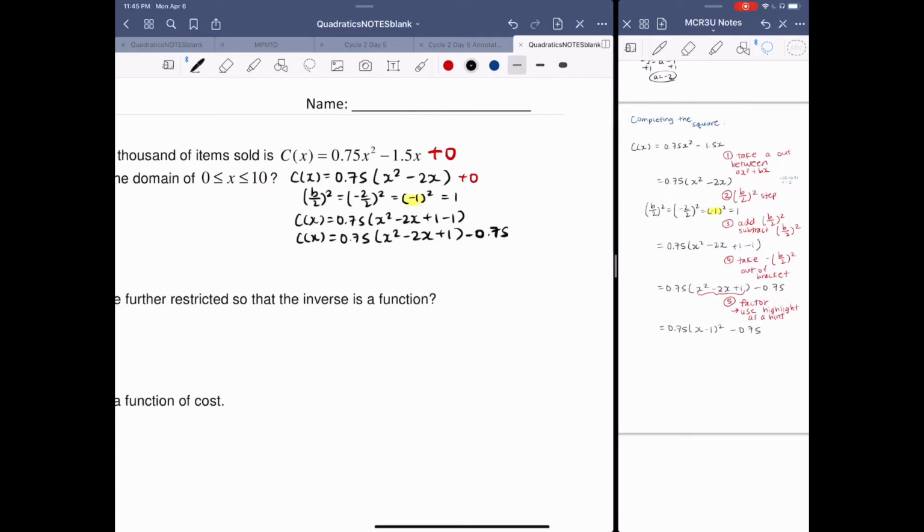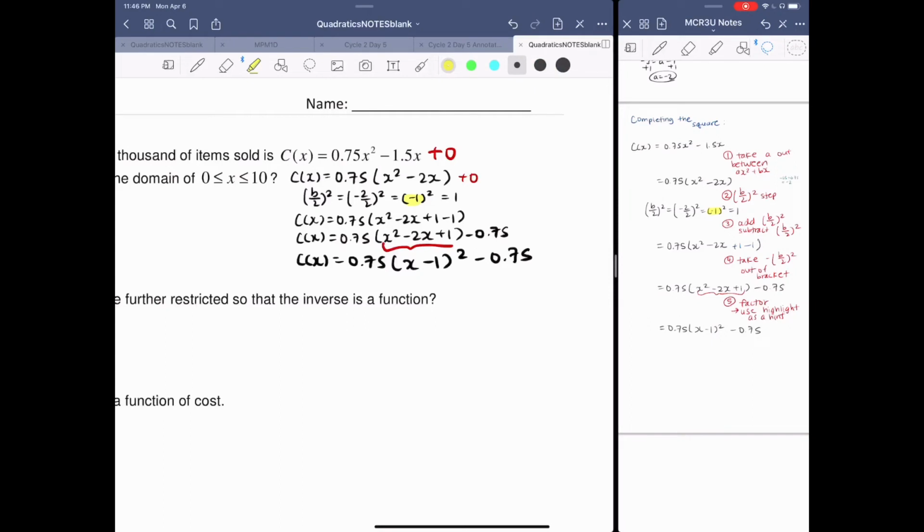No, we need to factor this part. And remember, I said the yellow highlight's going to help us, because negative 1 times negative 1 is equal to positive 1. Meanwhile, negative 1 and negative 1 add to the middle value, the b value of negative 2. That means that is the factor. So C(x) = 0.75(x - 1)² - 0.75.